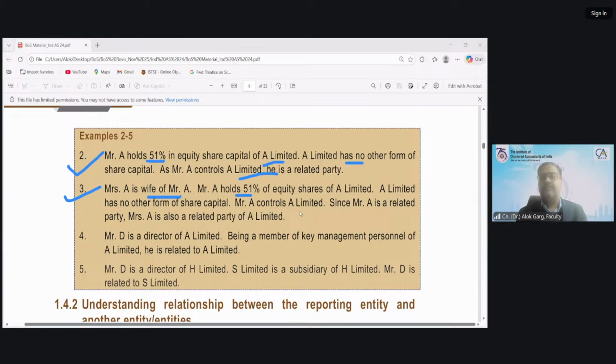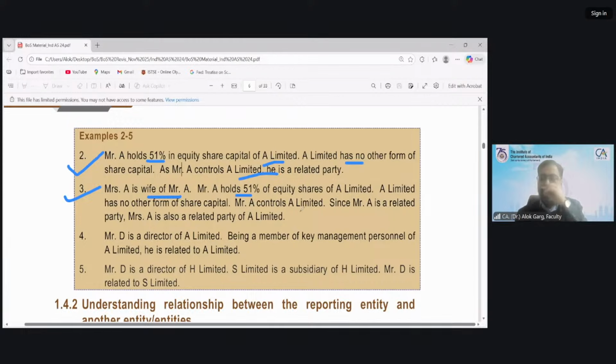Sir, relative means a spouse or domestic partner, brother, sister, father, and mother, and children of that person or of the spouse or domestic partner, and dependents of the person or of the domestic partner. So either it is dependent on that person or that person's spouse or domestic partner, right? Okay.